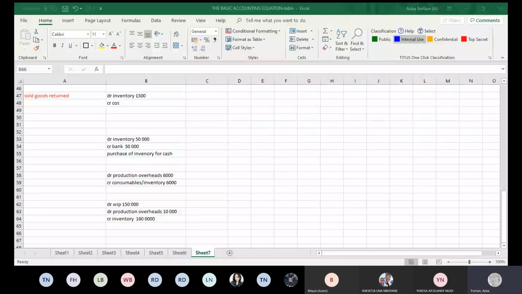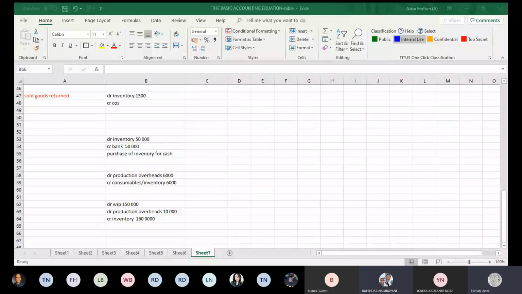Then you credit all your bank amounts, because money is going out when you issue to manufacturing. You credit your bank with material, consumables and so on. I don't know if they made sales. Did they make sales somewhere? Finished goods with an accumulated cost of 350,000.